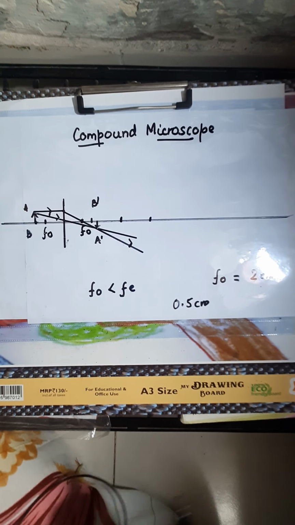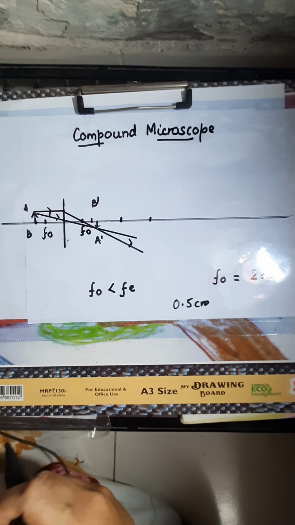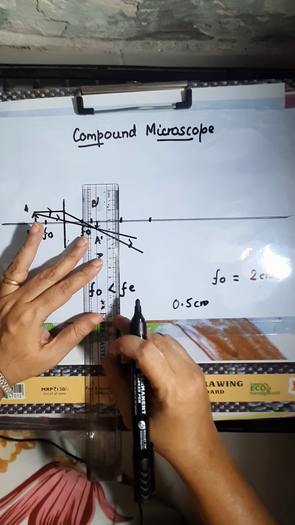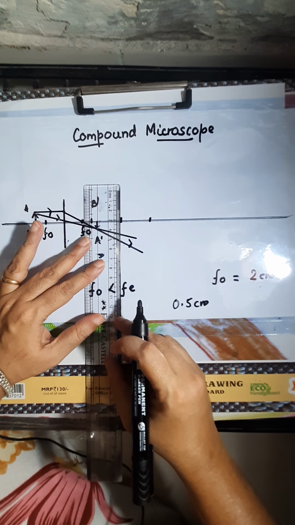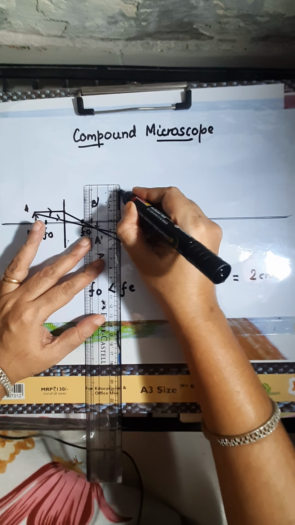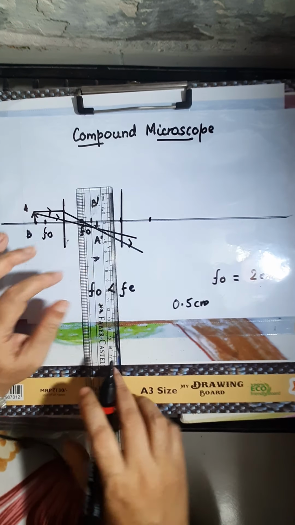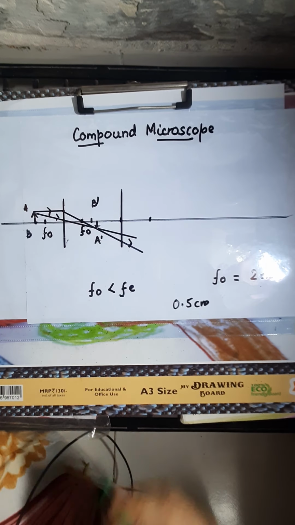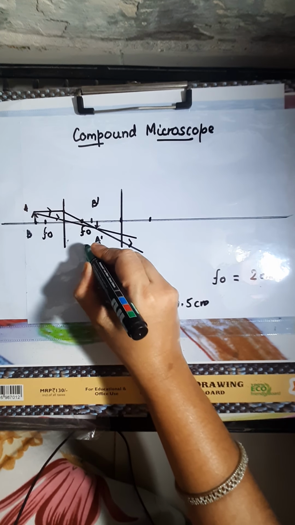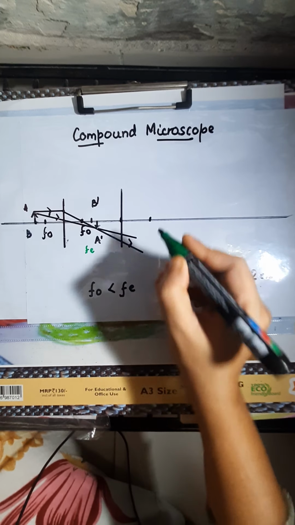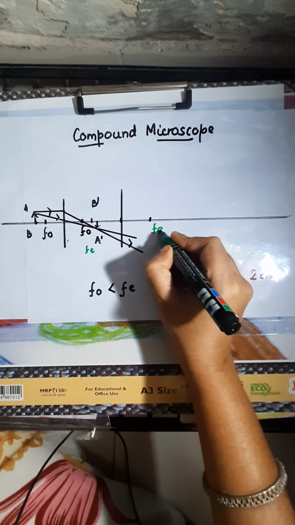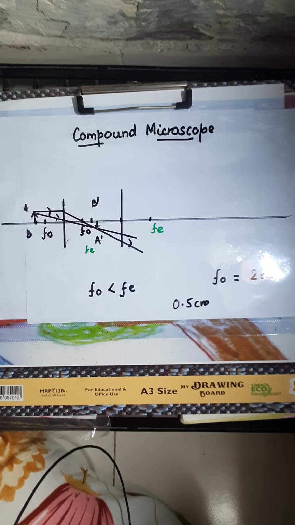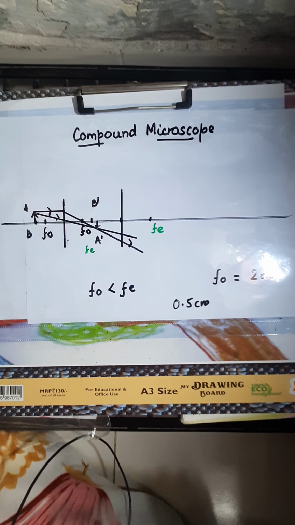So this is where my lens will be. This lens is bigger than the objective. My eyepiece is slightly bigger than the objective, and the focal length also is larger. This point is the focus of the eyepiece.